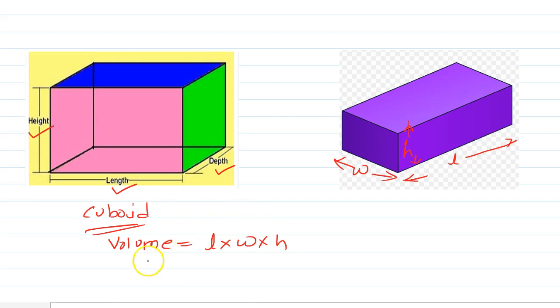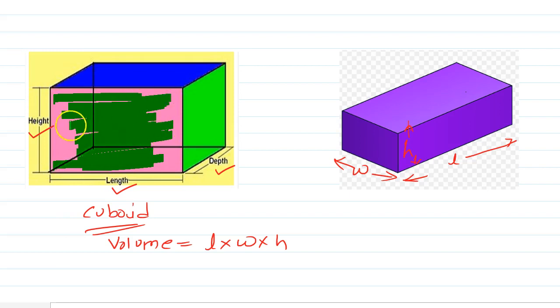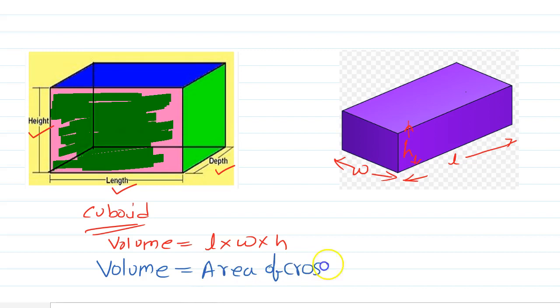So how do we calculate the volume? We calculate the area of the cross section. What is the area of the cross section? If you see here, this pink area, which I'm converting into green, is the front area. This is the area of the cross section, and it is given by length times height. So the volume of a cuboid is the area of cross section times length.